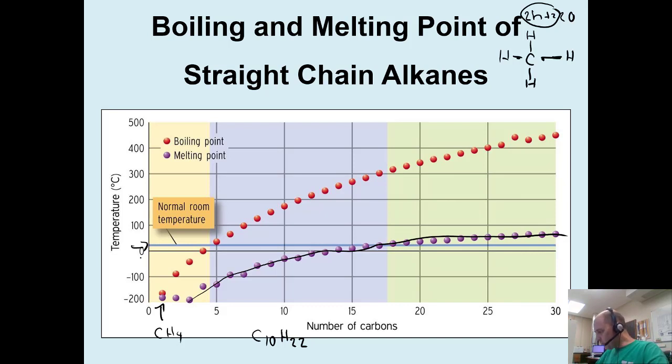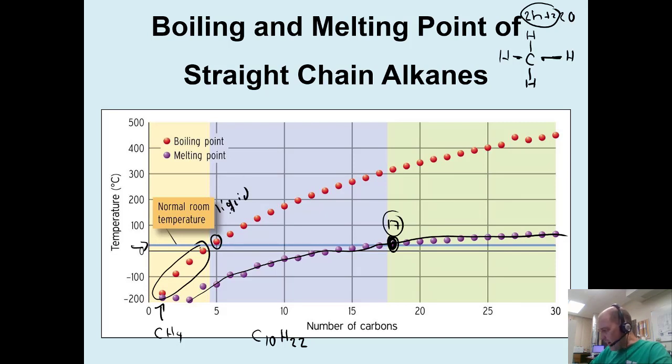And so here in purple, we have the melting point, and this blue line here is of course the room temperature. So at room temperature, when you hit 17, that's when you have a solid, right? And then the boiling point, of course, is higher of these as well. And so here, these 4 are actually gases at room temperature, and then right there you have a liquid.